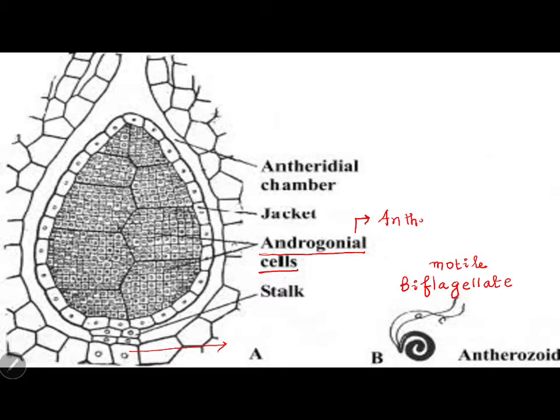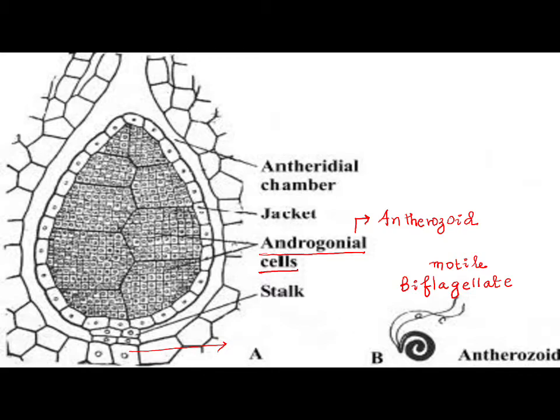Andro is also male. So the cells which give rise to antherozoites are like spermatocytes which give rise to sperms. Androgonial cells give rise to antherozoites, the male gametes of the gametophyte in bryophytes, and that is Marchantia.